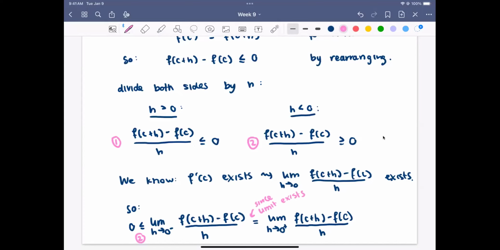And then here, I'll just apply inequality 1. So I get that this is less than or equal to 0 by inequality 1. Good with this?